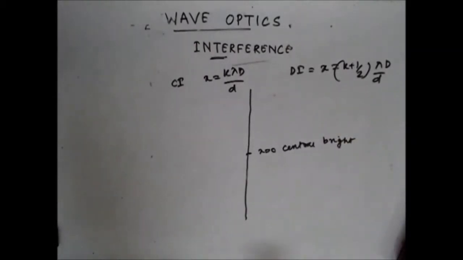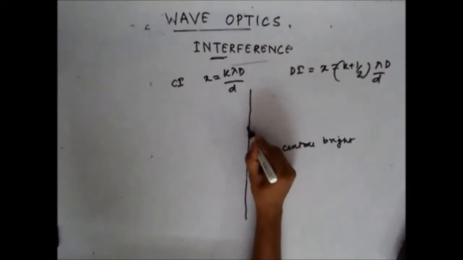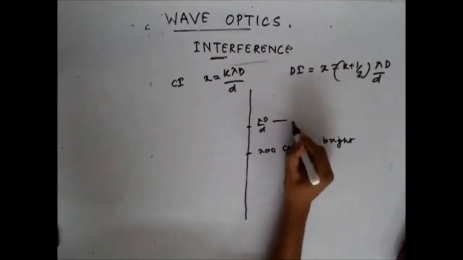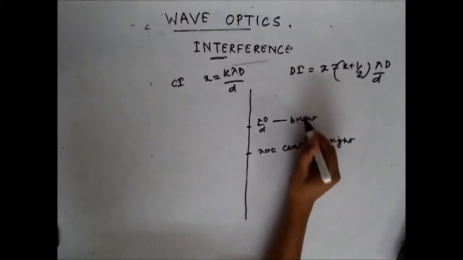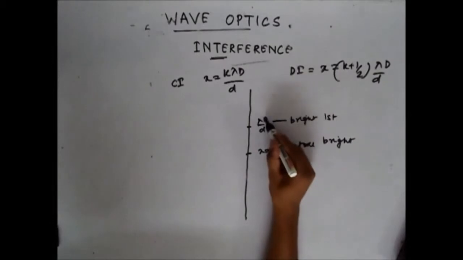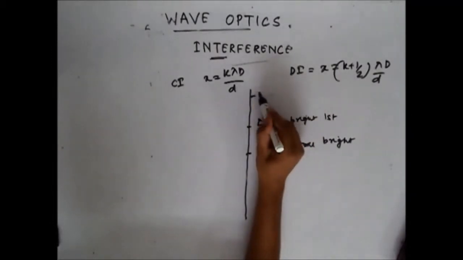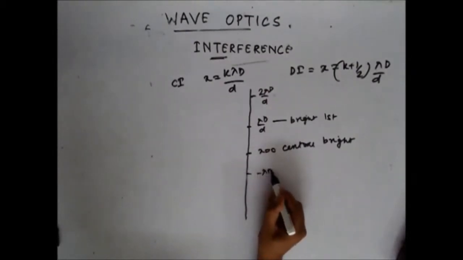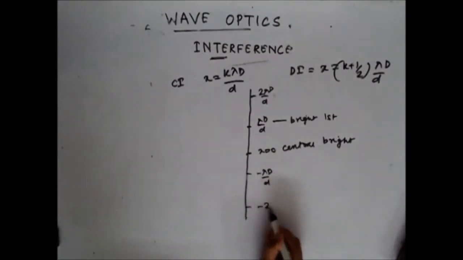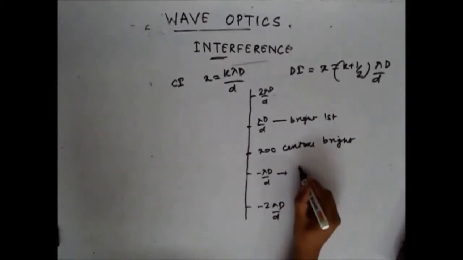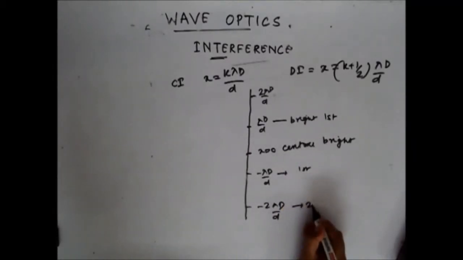Now if I put k equals 1, I get lambda D by d. Here again I get a bright fringe, the first bright fringe. Again if I put 2, I get 2 lambda D by d. Similarly on this side at minus lambda D by d and at minus 2 lambda D by d. Here is the first one, and this is the second one on the negative side.